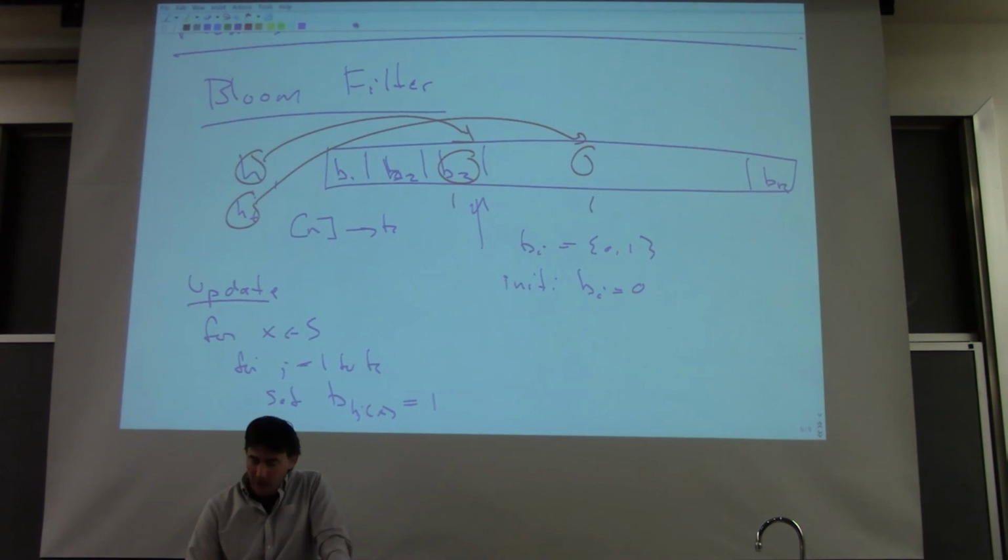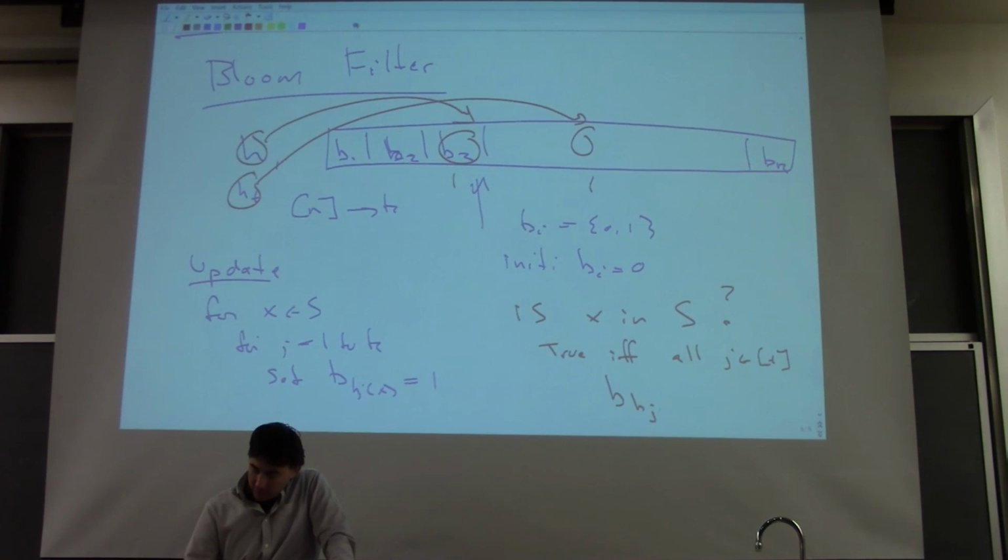Okay, so now I want to ask, is x in the set? And so I say true if and only if for all j in k, that b of hash j of x is equal to 1.